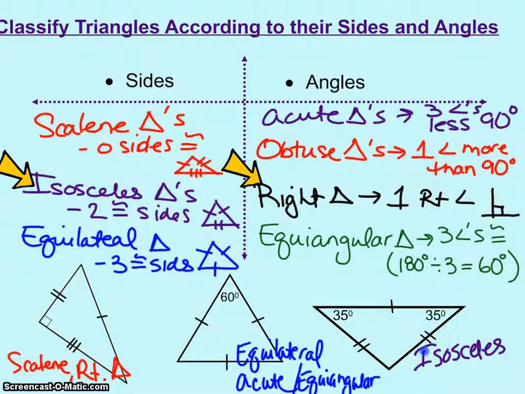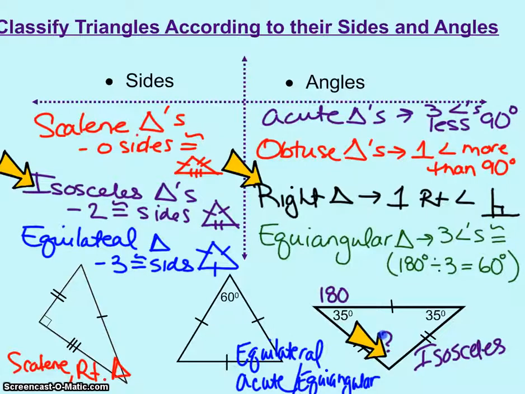The problem that is going to give us some trouble in this triangle is this bottom angle right here. We don't know what that is, and if we don't know what it is, it's difficult to make a final decision. It would be necessary to find the measure of that third angle.